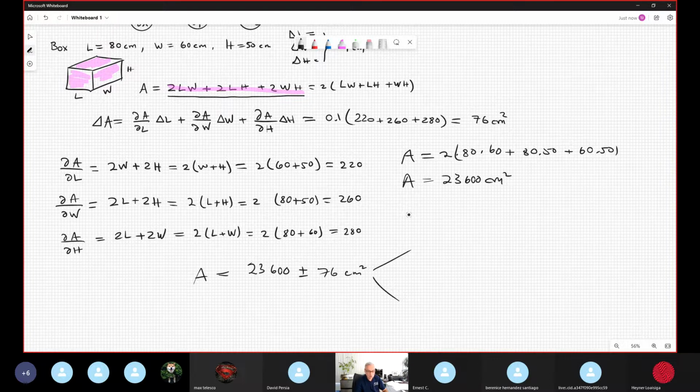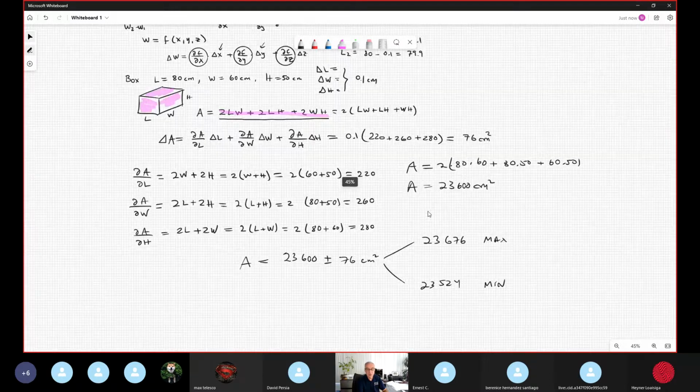If you want to separate, adding and subtracting, 23,676 is the maximum value, centimeters squared. And the minimum is 23,524. Okay?